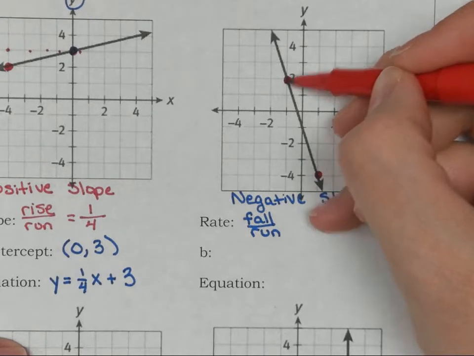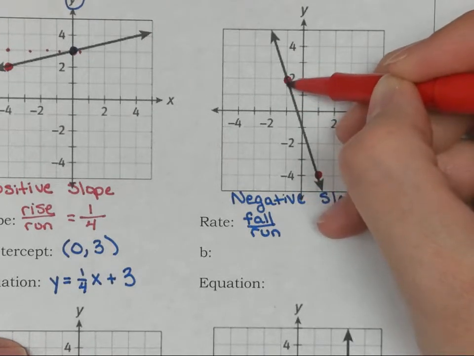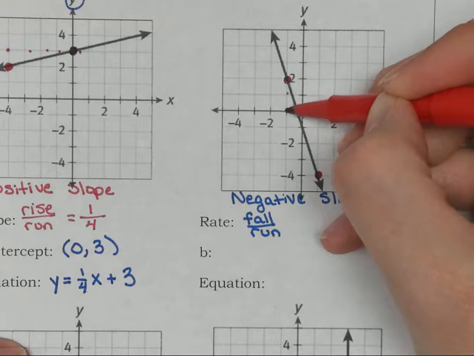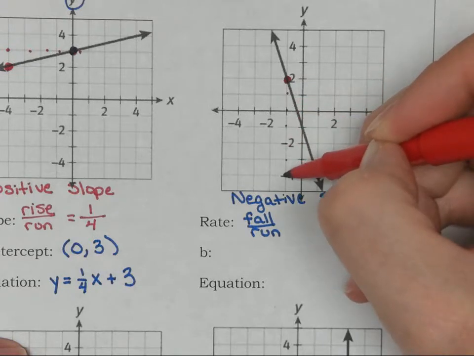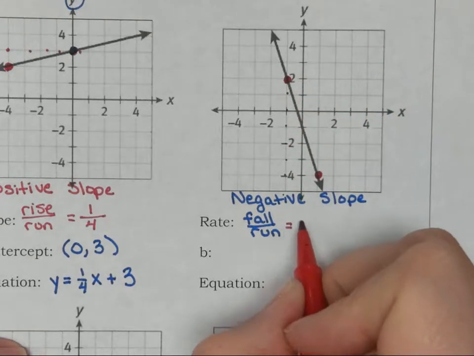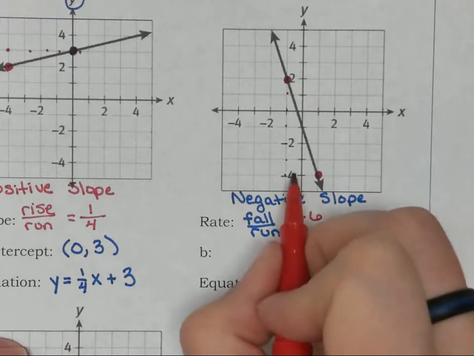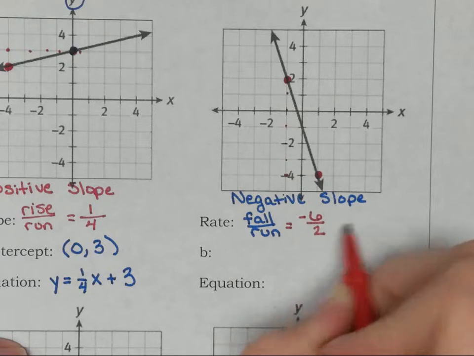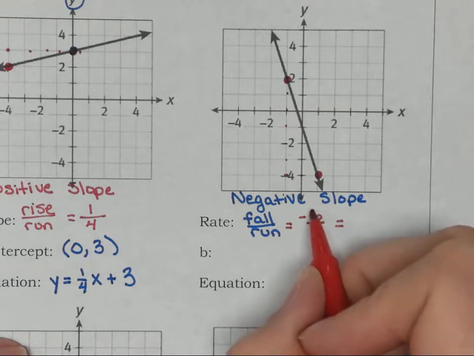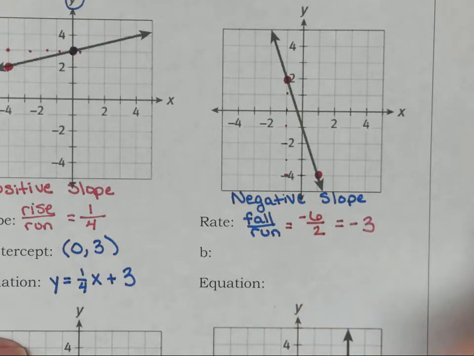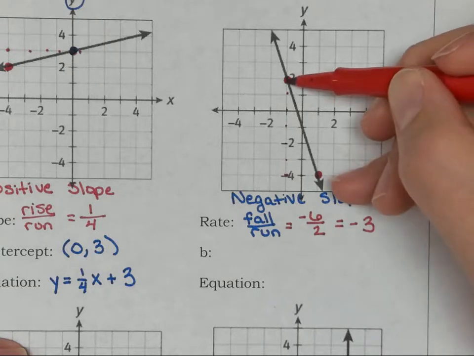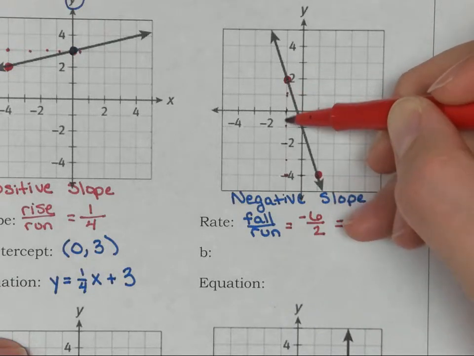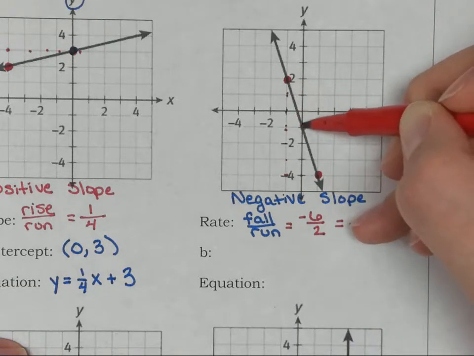And I always want to go up and down first. So if I go down 1, 2, 3, 4, 5, 6, I'm going to fall 6, and I'm going to run 1, 2. And I simplify that, and that would give me negative 3. Which means really I could have come here and I could have counted down 1, 2, 3 and run 1, and I would get to a new point.